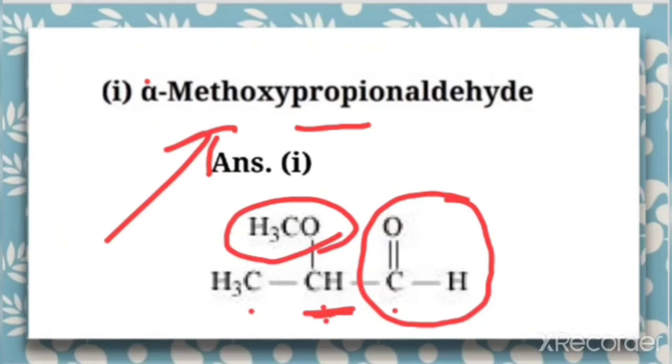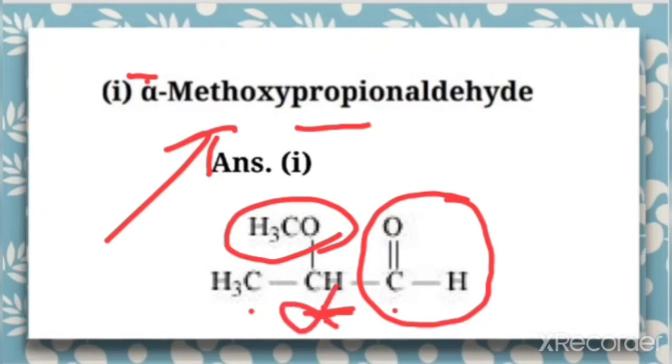OCH3 is called methoxy because CH3 means methyl group, and if there is one oxygen then it is called methoxy. So here instead of numbering, alpha is given, that means alpha methoxy means it is on the alpha carbon. And which one is the alpha carbon? Where the functional group is attached, that carbon is alpha.